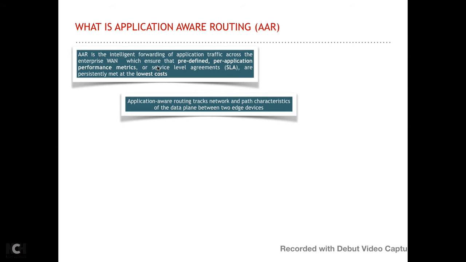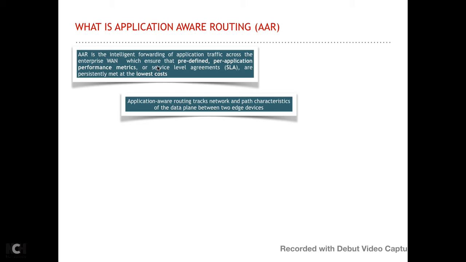Application network traffic tracks the network and path characteristics of the data plane between your edge devices. It could be vEdge in Cisco's world, or other SD-WAN devices.